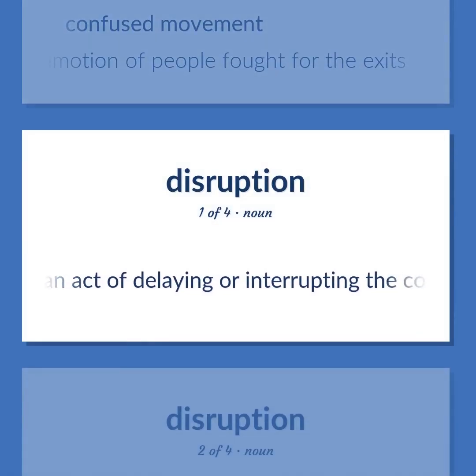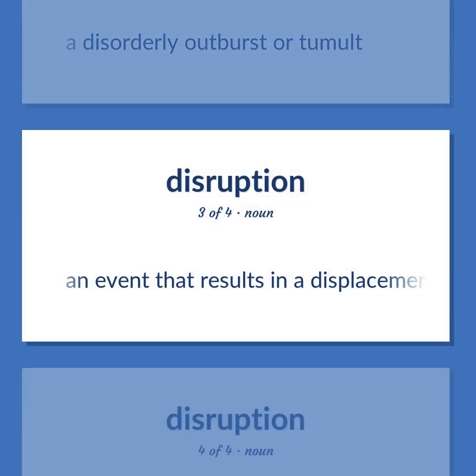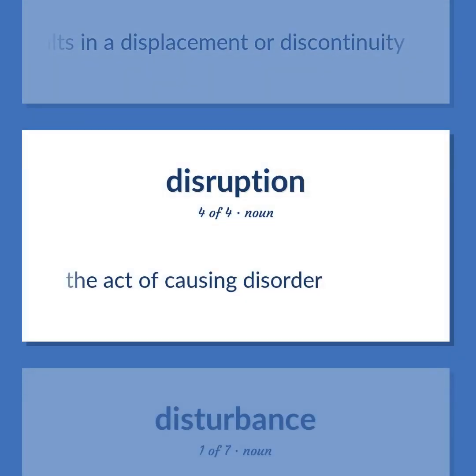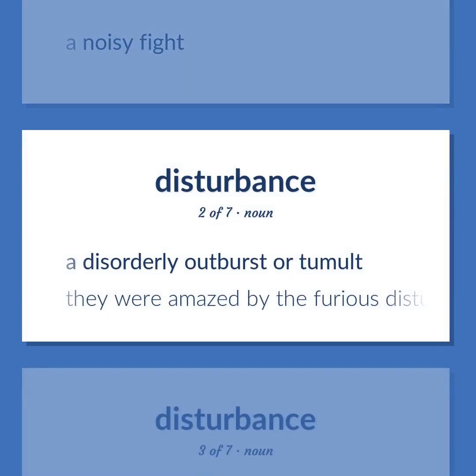An act of delaying or interrupting the continuity. An event that results in a displacement or discontinuity. The act of causing disorder. A noisy fight. They were amazed by the furious disturbance they had caused.